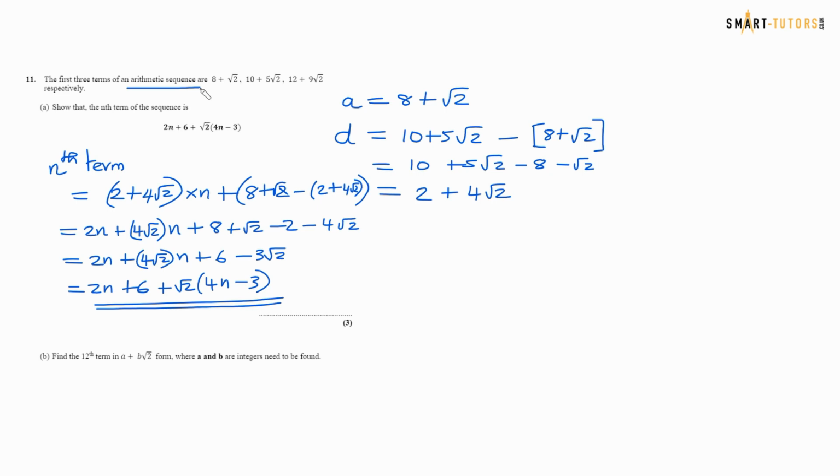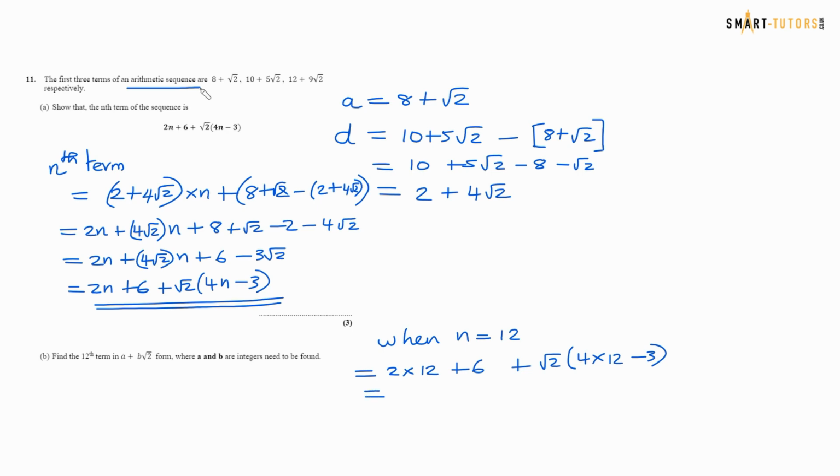B part: find the 12th term in the a plus b root 2 format, where a and b are integers that need to be found. So when n equals 12, 2n means 2 times 12, 24, plus 6, plus root 2 times 4 times 12 minus 3.